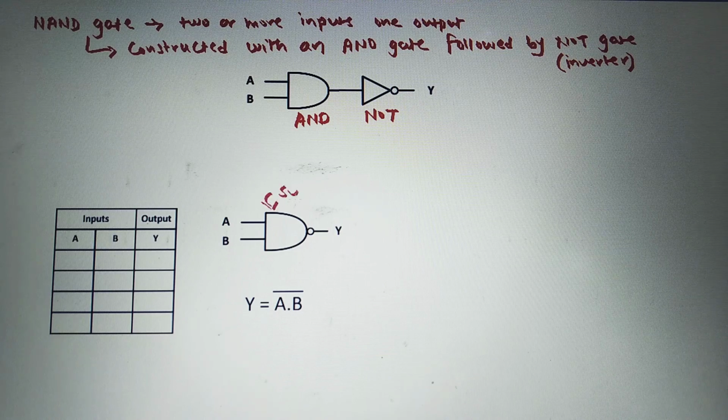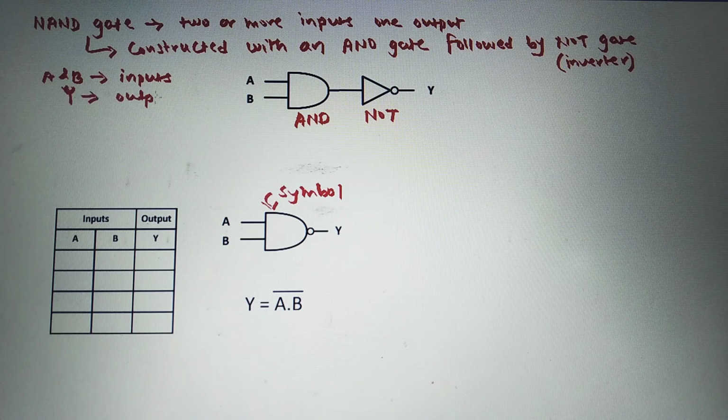See here, this is the symbol for a two input NAND gate in which A and B are the inputs and Y is the output.